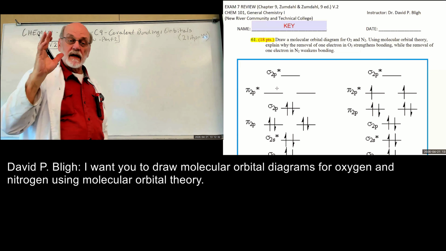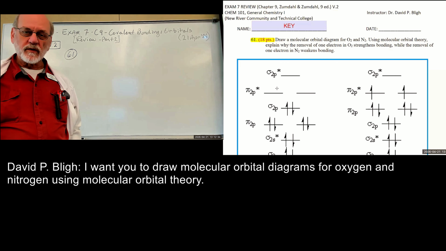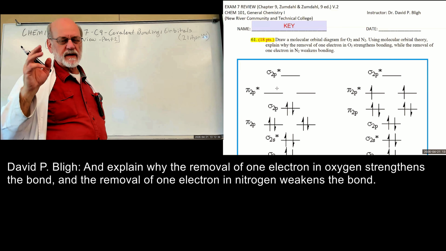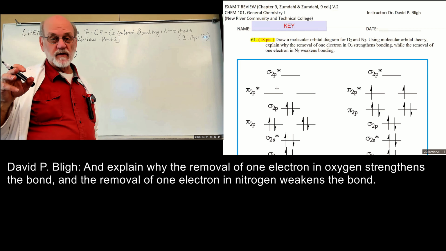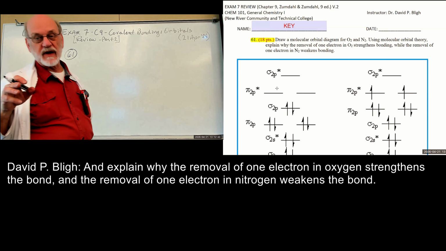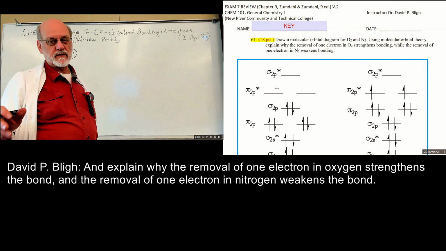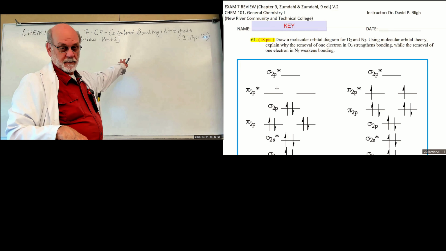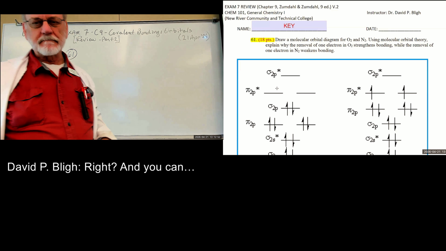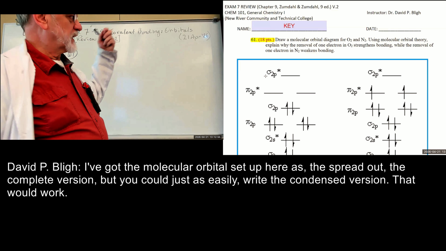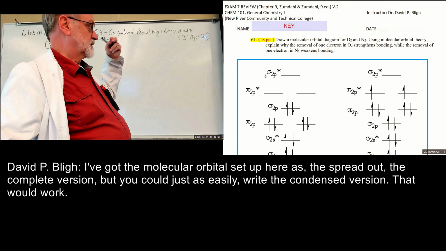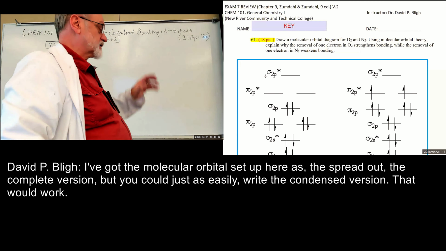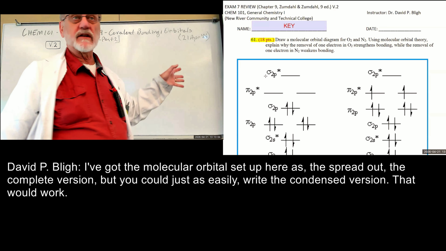All right. I want you to draw molecular orbital diagrams for oxygen and nitrogen using molecular orbital theory and explain why the removal of one electron in oxygen strengthens the bond and the removal of one electron in nitrogen weakens the bond. We did the nitrogen already. I've got the molecular orbital set up here as the spread out, complete version, but you could just as easily write the condensed version.